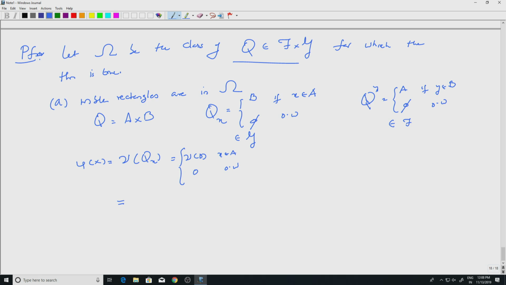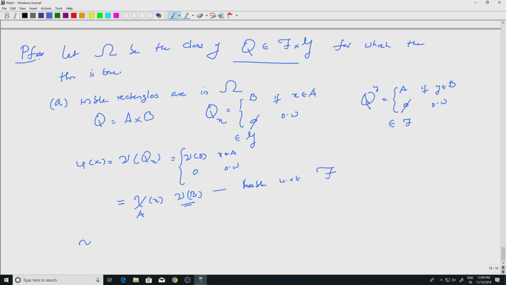So this is simply the indicator of A at x times that constant nu of B. So as a function of x, it is a constant times the indicator function of a measurable set, so this is measurable with respect to script F.